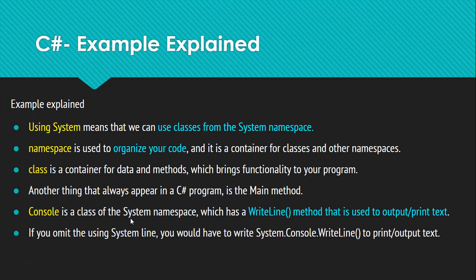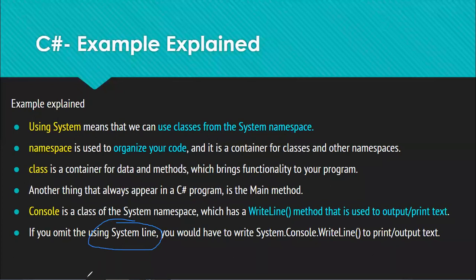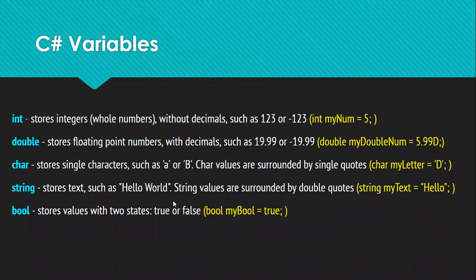Console is a class of the System namespace, which has a WriteLine method which is used for output and to print text. If you just omit the using System line, then you have to write System.Console.WriteLine every time whenever you want to print it. So it is better to use using System here. So this is all about a small example.